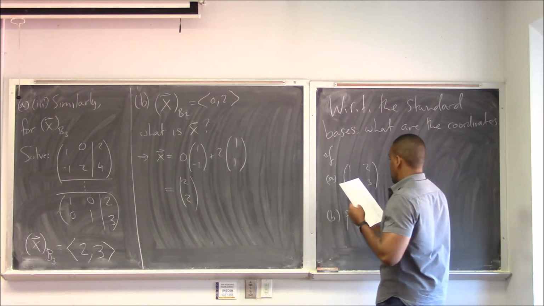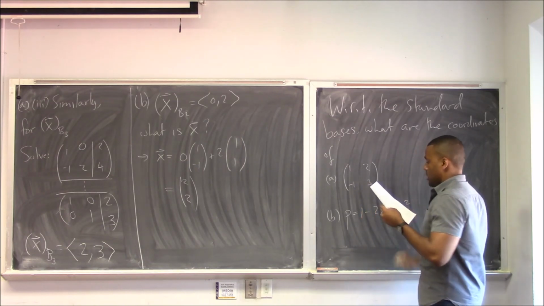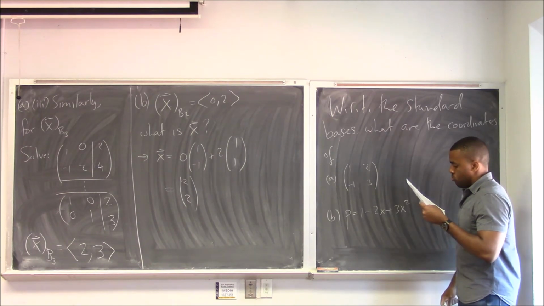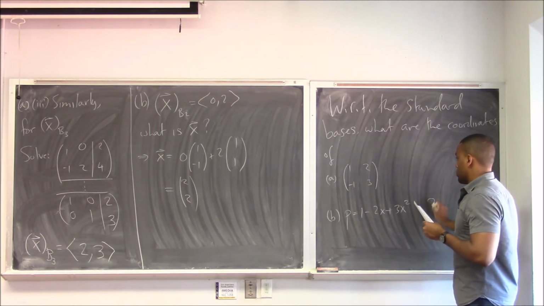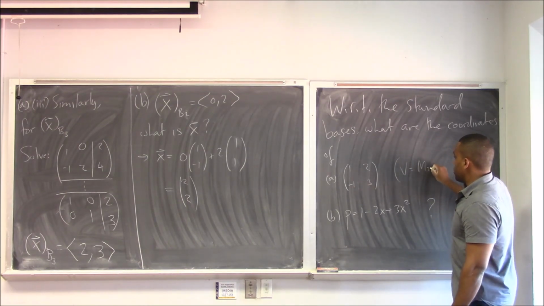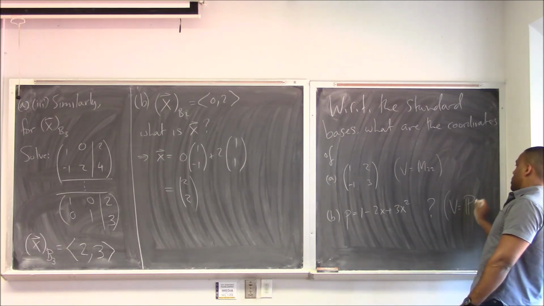This polynomial? Of course, it has to be in the requisite vector space. Here we're assuming V is M22. Here we're assuming V is P2.